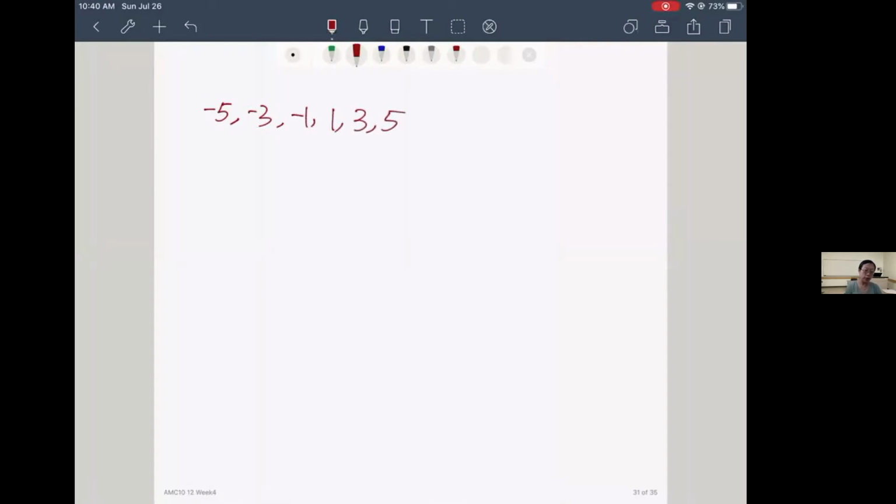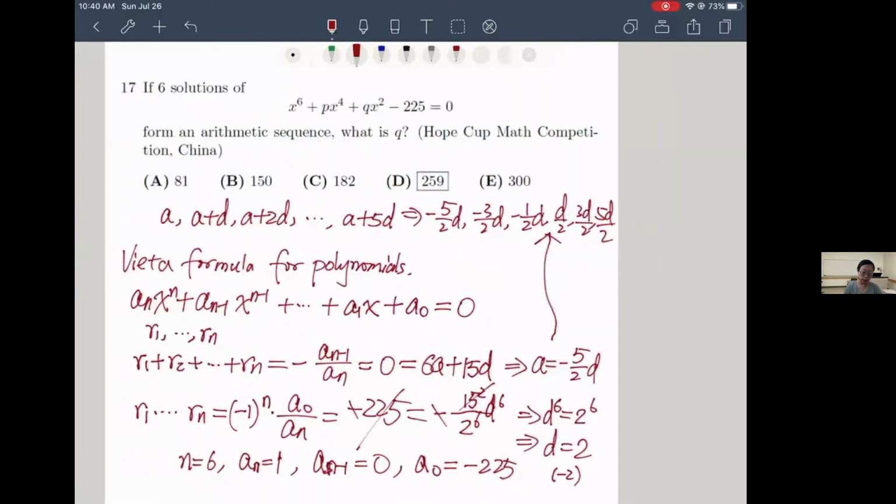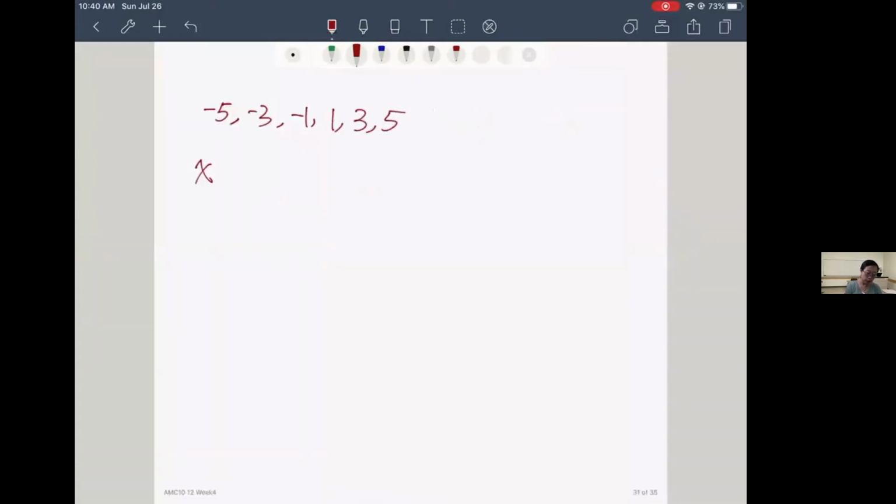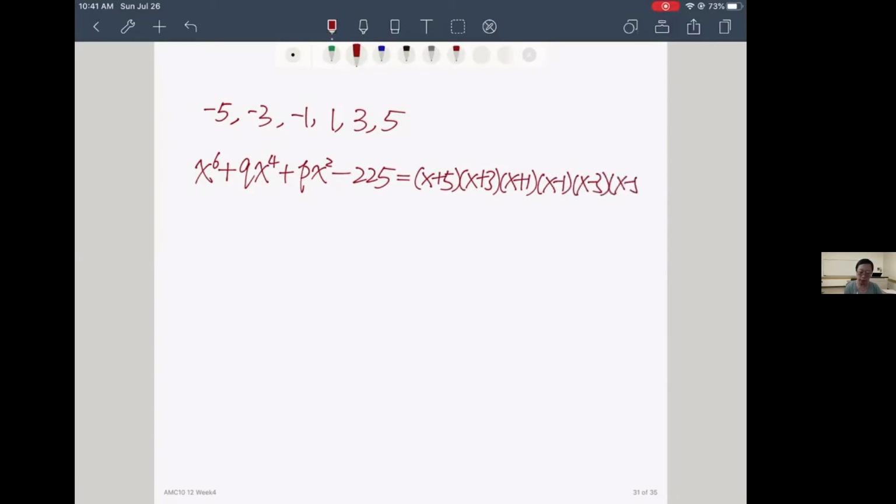So the polynomial, let's go back, x to the 6 plus q times x to the 4th plus p times x squared minus 2 to the 5, equals x plus 5, x plus 3, x plus 1, x minus 1, x minus 3, x minus 5.